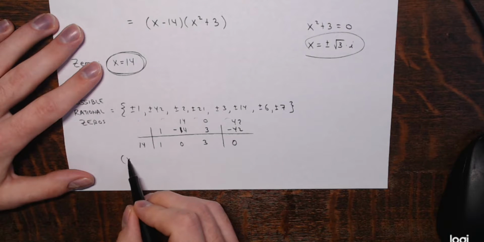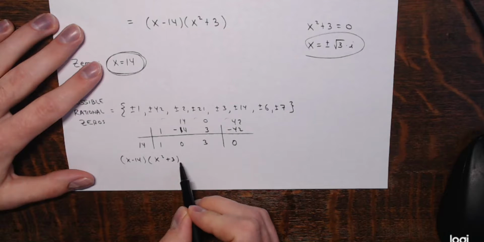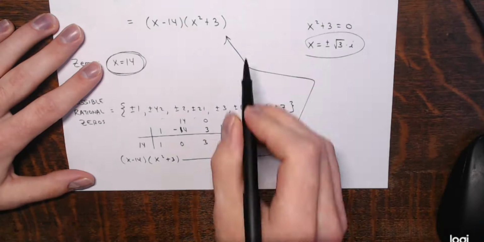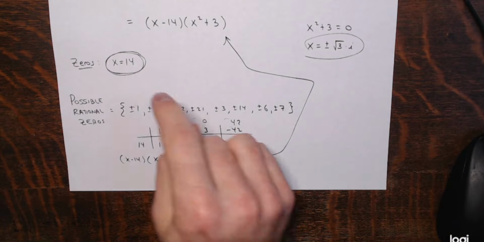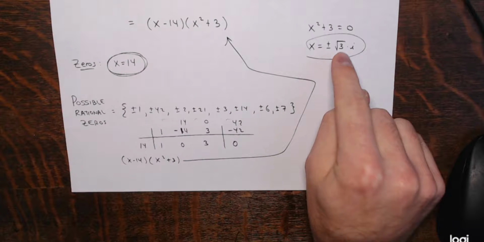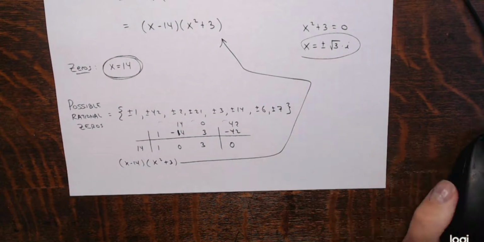And you factor to x minus 14 times x squared plus 0x plus 3. It's exactly the same as what I got earlier factoring by grouping. It just would have taken longer because you had to check this list of possible rational zeros. But the zeros are 14, square root of 3 times i, negative square root of 3 times i.